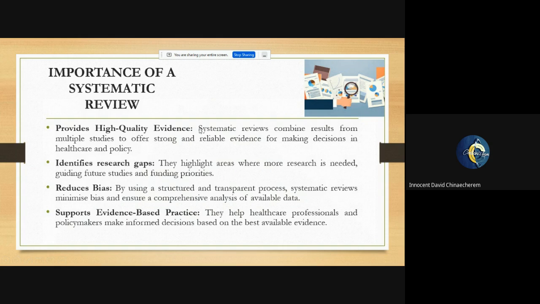So systematic review is very important. It's very, very relevant for your consumption. And it's really going to give you a vast majority of what you really want, particularly whether you're a PhD student or a clinician or whatever. So also it helps in identification of gaps.